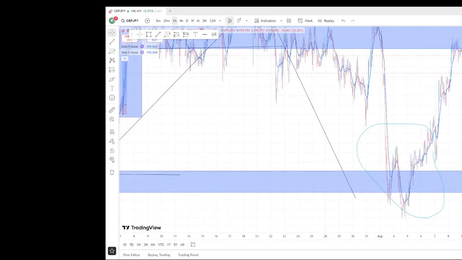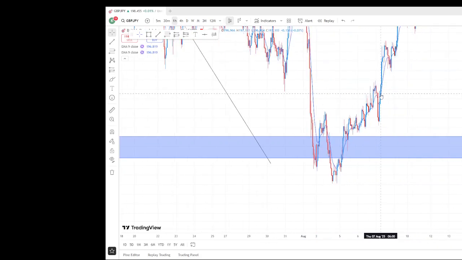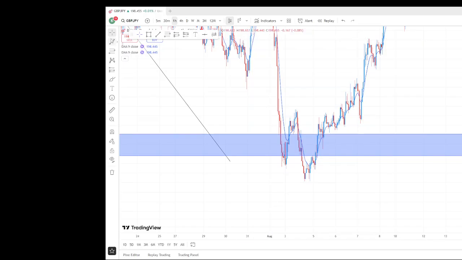So the double bottom right here, as I said before, the market would come down, make a resistance or a support, either one depending on the trend it's reversing into, and then it will push up, and then it will come back down for a continuation as it does right here at this level, and then continue its way.